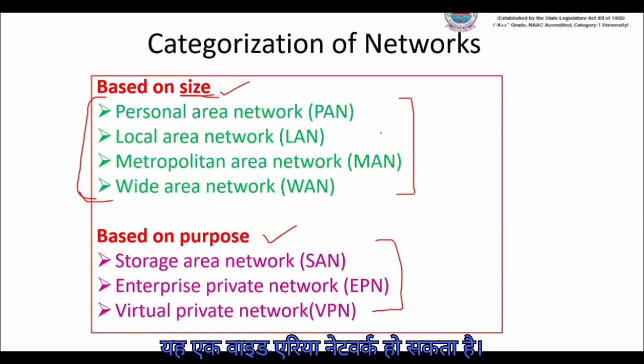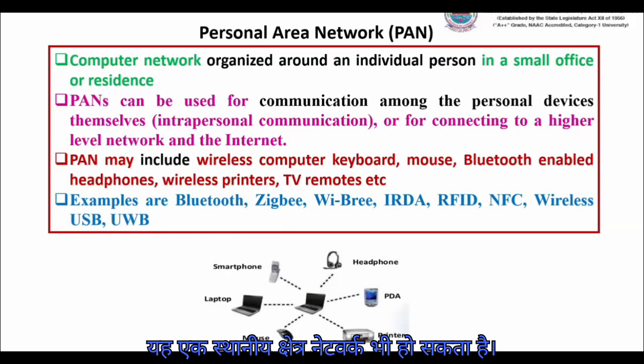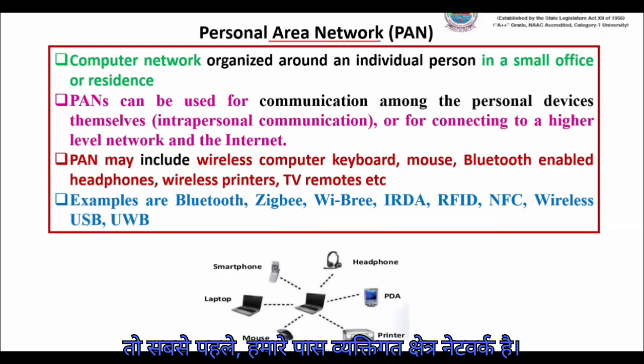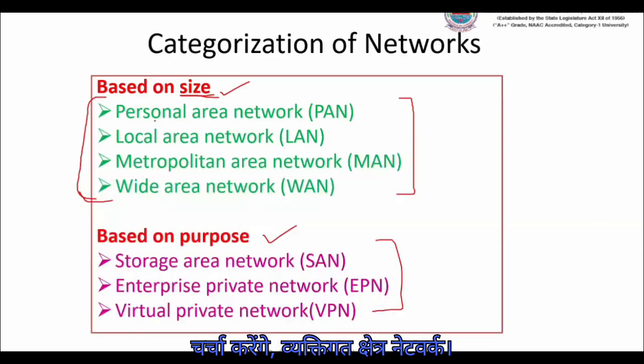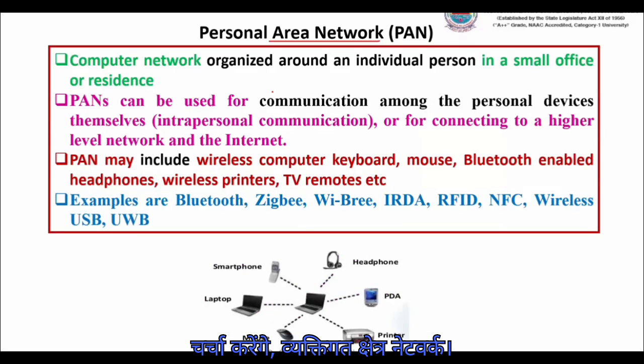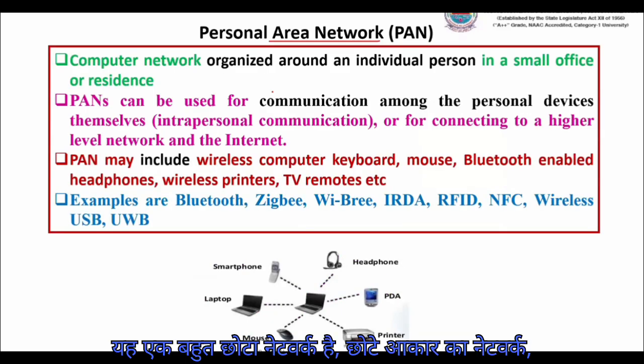Purpose means for what purpose the network has been established. It can be a wide area network, it can be a local area network also. So first of all, we have the personal area network. This is the first category we will be talking about, the personal area network.